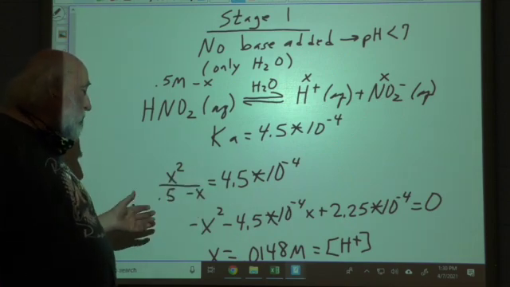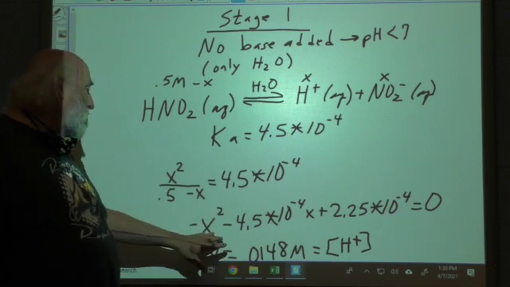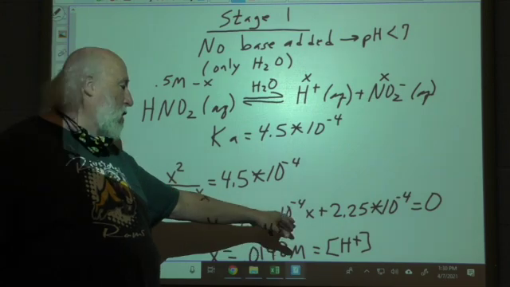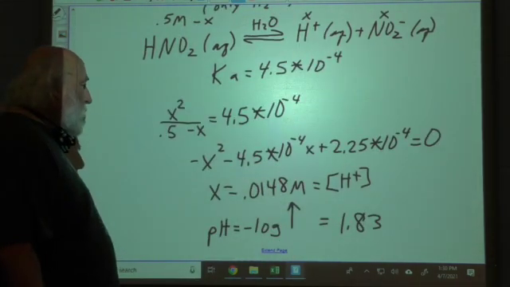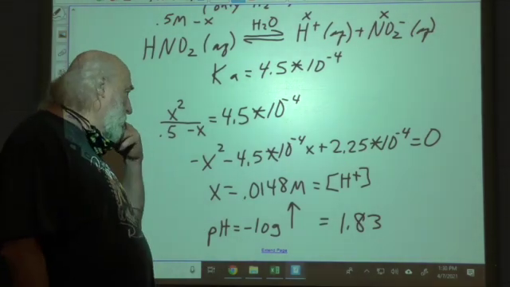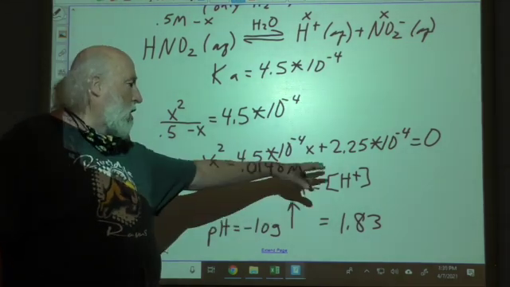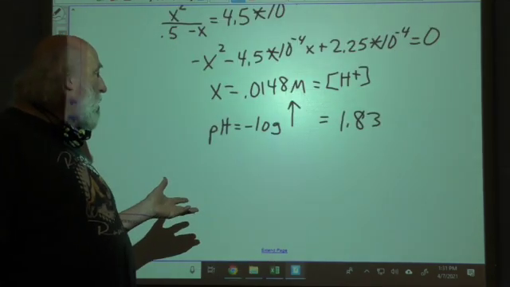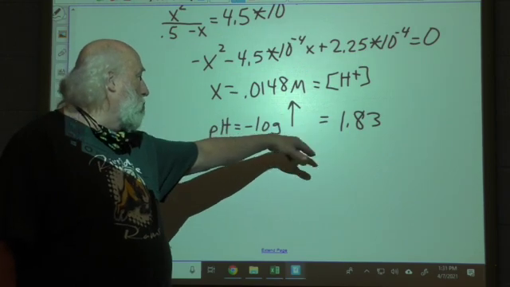We put this in quadratic equation form, which gives us negative X squared minus 4.5 times 10 to the negative 4 X plus 2.25 times 10 to the negative 4 equals 0. Plug that into the quadratic formula, and we get 0.0148 moles per liter for X, which is our hydrogen ion concentration. So the pH is very easily found by taking the negative log of that, which is 1.83.